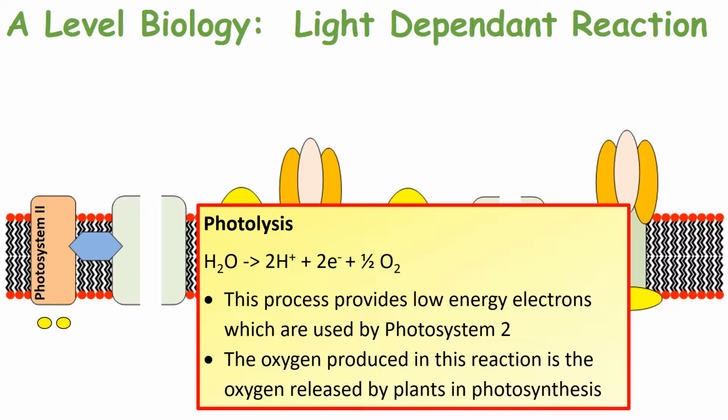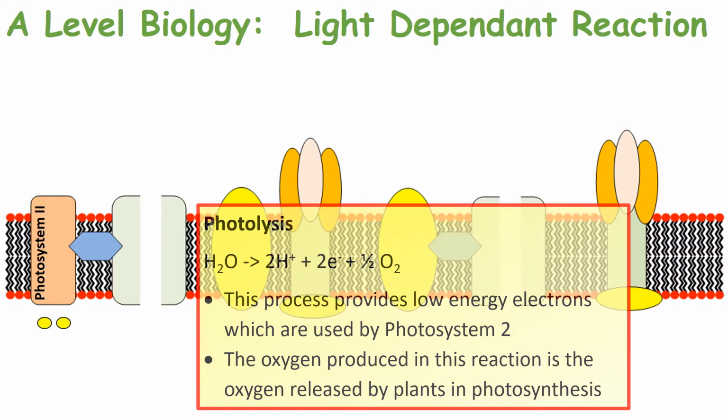Photolysis is where one water molecule is split into two hydrogen ions and an oxygen ion, releasing two electrons. This process provides low energy electrons which are used in photosystem 2. The oxygen produced in this reaction is released by plants during photosynthesis.